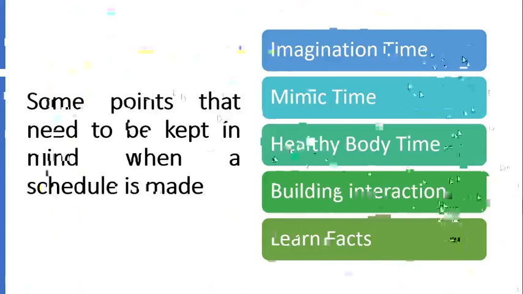The next activity that must be a part of a routine is having a mimic time. This is something which is added because most of the kids like to mimic us. On this point, I think most of the parents would go with me, because you could have definitely found that most of your kids love to do what exactly you are doing. So in my house, this mimic time comes in the form of doing utensils, folding clothes, cleaning the rooms, or cooking.